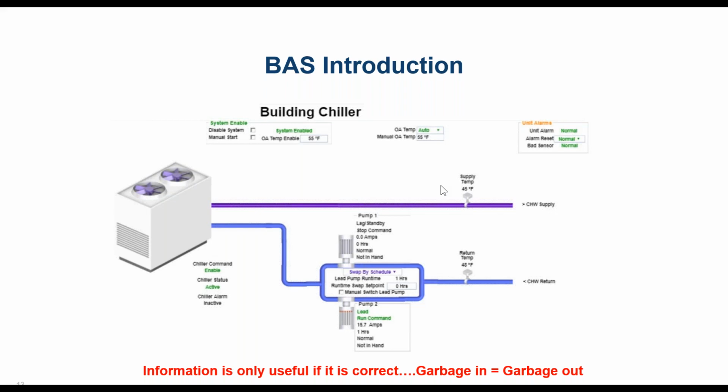Or if other devices fail, we got to work to get those things replaced, make them a priority, because otherwise you're going to come to a building automation system and you're going to have a bunch of information that's either not correct, or you're going to have a bunch of devices that are inoperable and cannot be controlled by a control system. It can be very, very difficult, and essentially the effectiveness of your building automation system goes to zero. So make sure you're being the squeaky wheel, asking for funding to make sure these components are being replaced so your automation system is being utilized to the greatest effect.